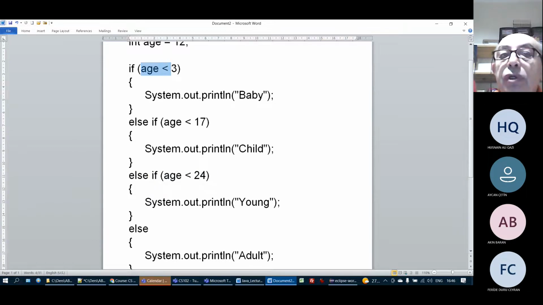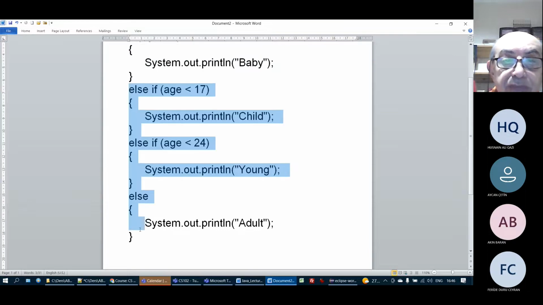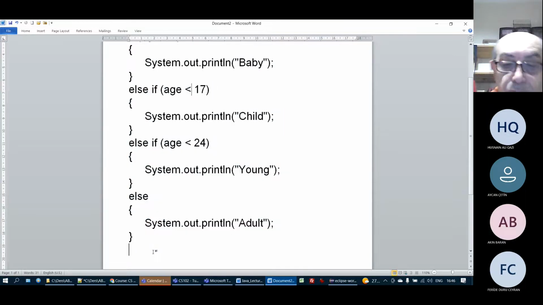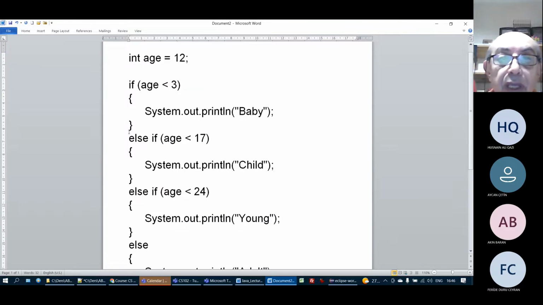If the first logical expression or Boolean expression is true, the first part is done. It jumps over all the else if blocks, everything, and continues with below. If H less than 3 is false, then it checks the second Boolean expression.